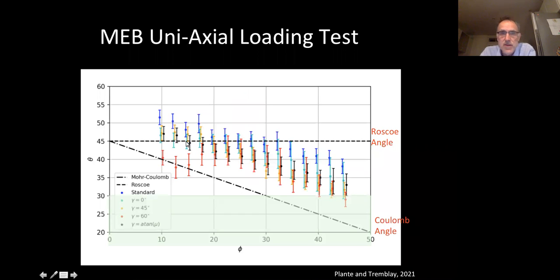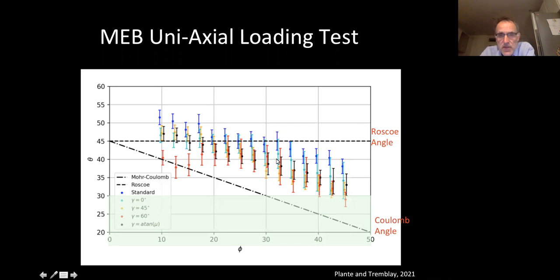When we plot this intersection angle, theta, as a function of the internal angle of friction, phi, we see that all the values again lie above the observational value shown in green. And they again do not match the Coulomb angle from the theory, nor the Roscoe angle. Again, it's somewhere in between, a mixture between Roscoe and Coulomb.